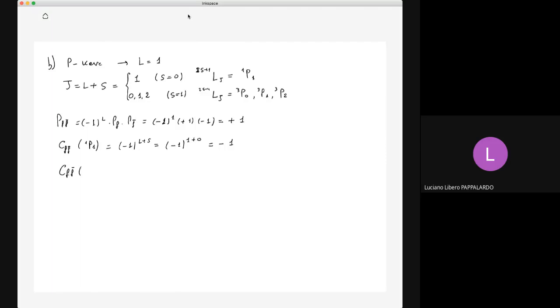The C of the 3P0 will be equal to the C for the 3P1, which is also equal to the C for the 3P2, which is (-1)^(L+S), because both L and S are common to all these three cases. So for all of them, this is -1 to the power 1 plus 1, so overall +1.